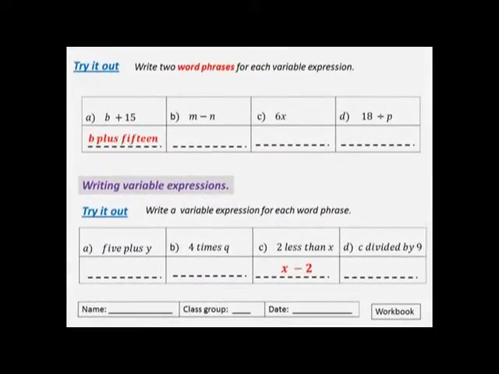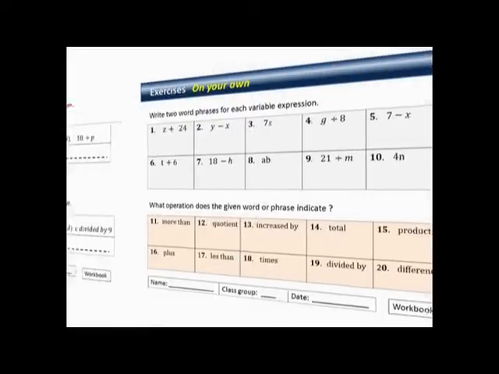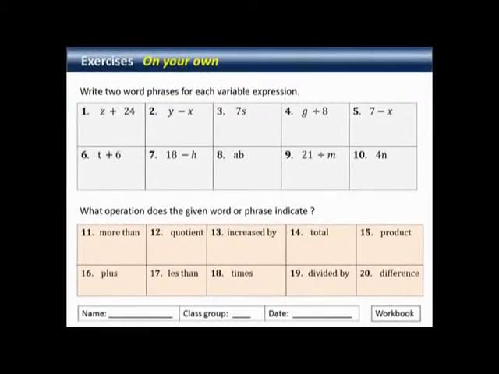Try it out. Write 2 word phrases for each variable expression. Do this in your workbook. I've given you A. It's b plus 15. Exercise on your own. Do this in your workbook.